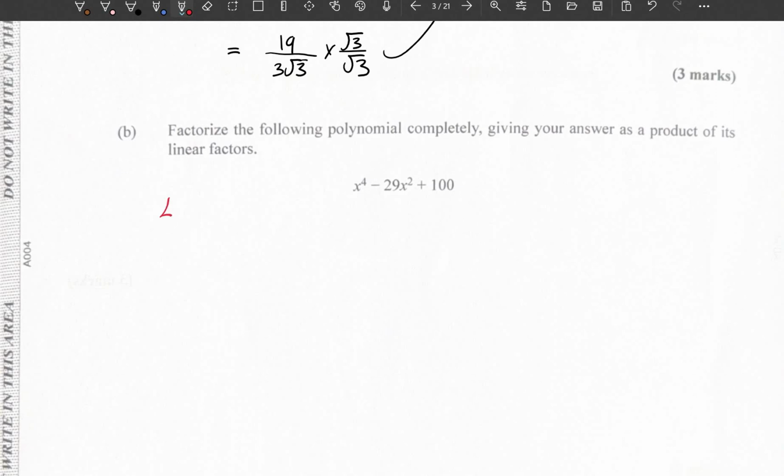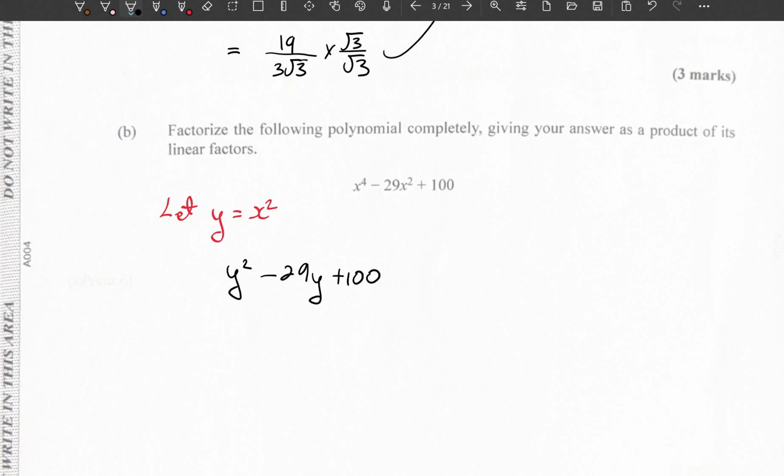So let's let y equal x squared. Then we would have y squared, because this is x squared squared, minus 29x squared. So that's going to be y squared minus 29y plus 100.